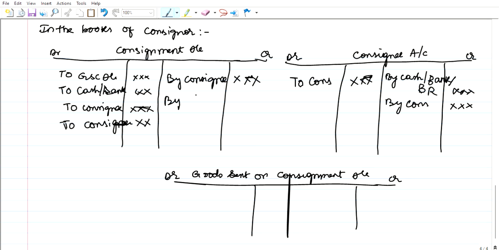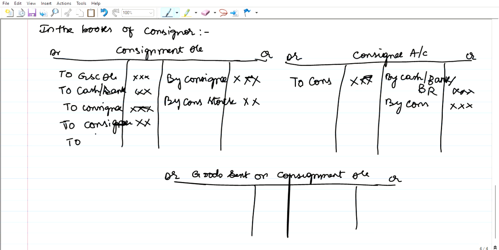And for the unsold stock we write the entry: closing stock or consignment stock account to consignment account, by consignment stock account. And next, profit on consignment we can write to the P&L account.